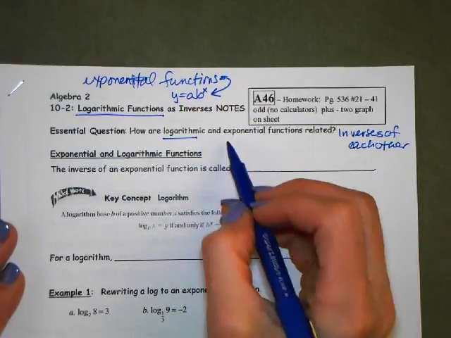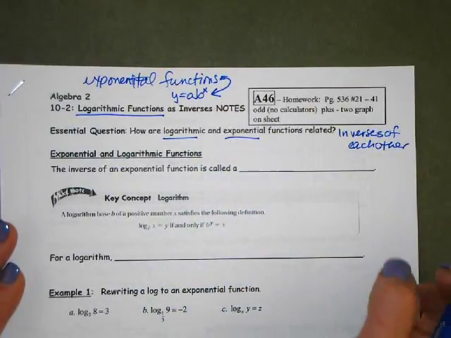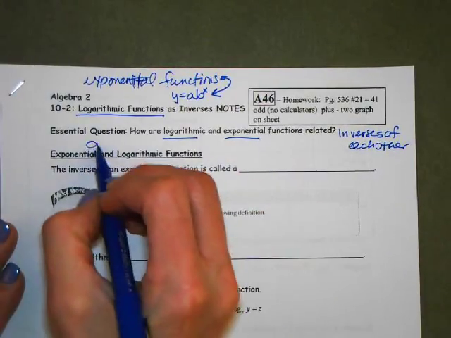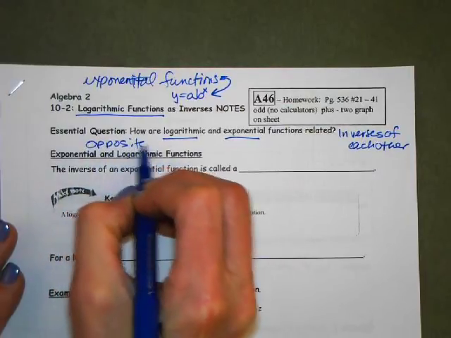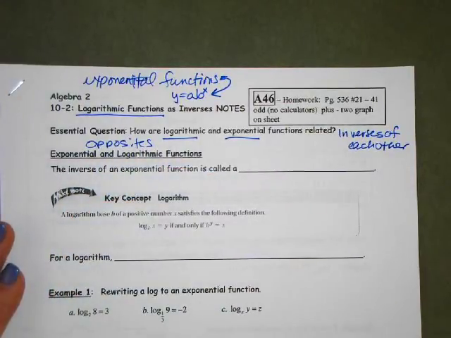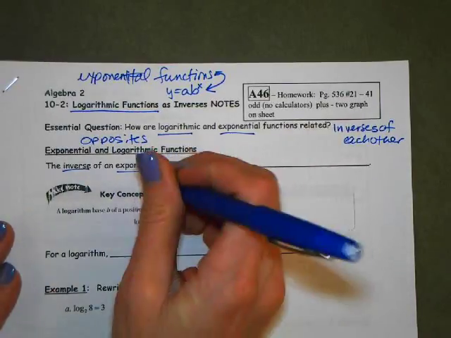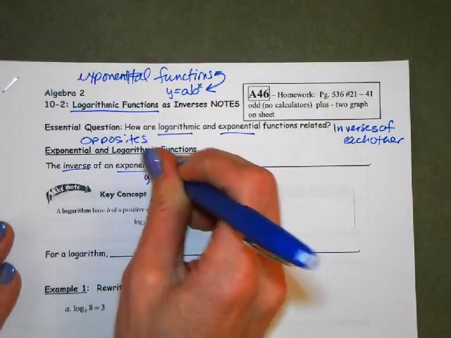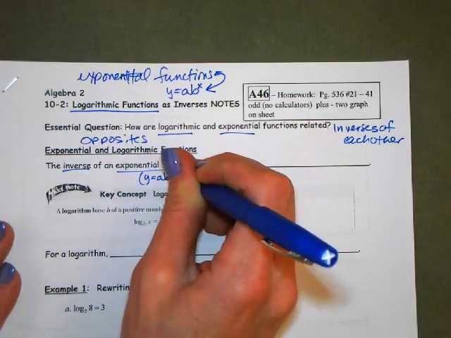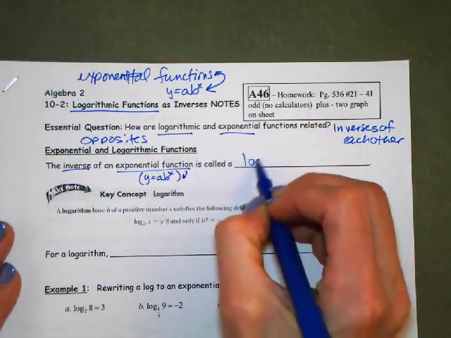Because of that, there's a pattern, and we'll be working with that pattern. So again, the inverse of an exponential function, y equals ab to the x, is called a logarithm.